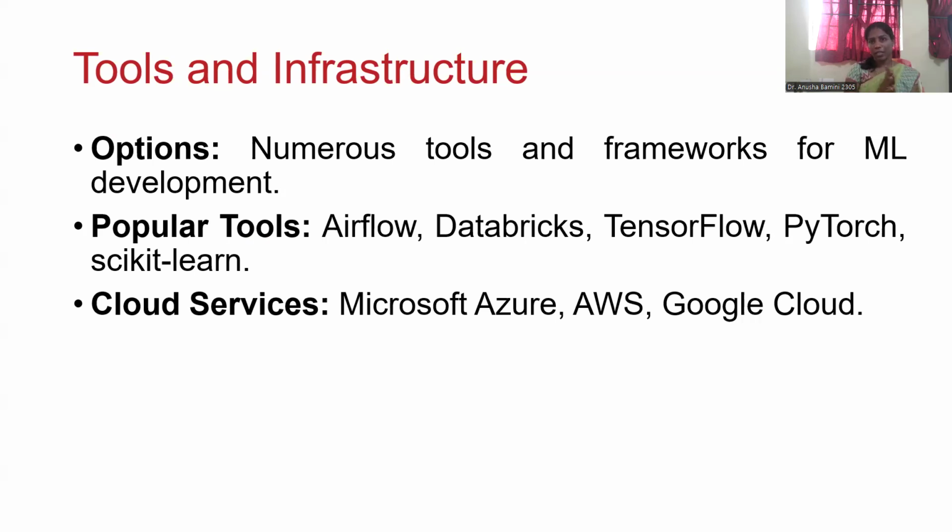So we don't have the facility to store that kind of data in our personal systems. In those cases, we approach cloud services. Okay, cloud-based storage. So we may use Microsoft Azure Cloud, AWS, and Google Cloud. Mainly AWS and Microsoft Azure ask for payment to get access, but we can use Google Cloud to store the data as well as test our models.